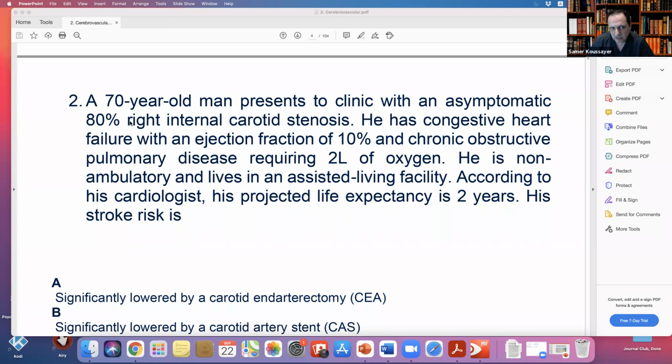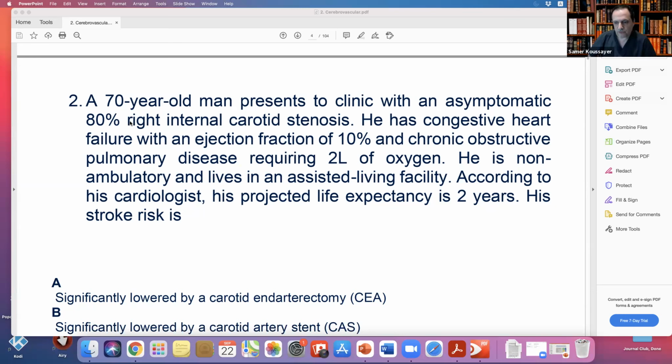Symptomatic is the opposite: symptomatic patients get more benefit when they are older, 70 and above. And the recommendation is that if the patient is 70 and above, you recommend surgery, not stenting, because stenting carries a high chance of stroke from embolization from the aortic arch. Okay, so this is what the guideline said.